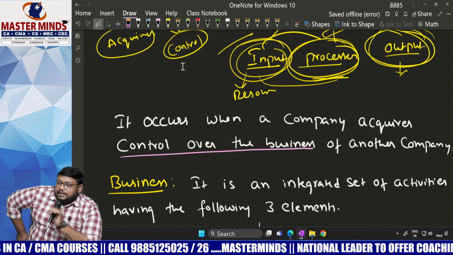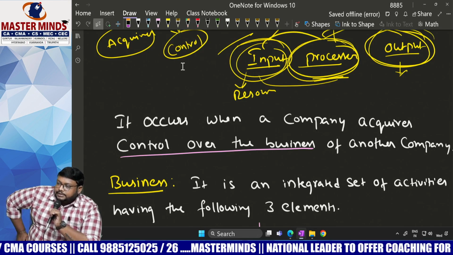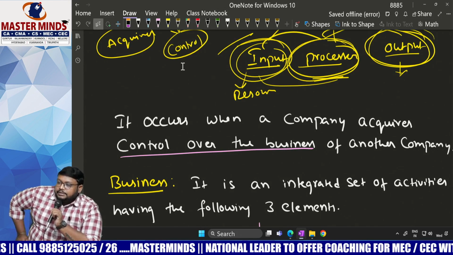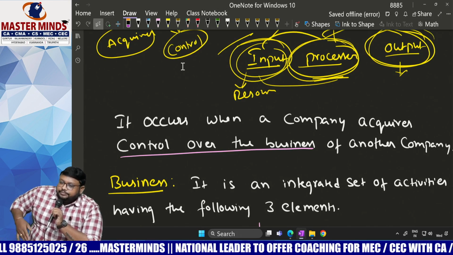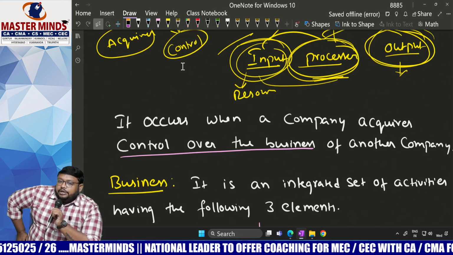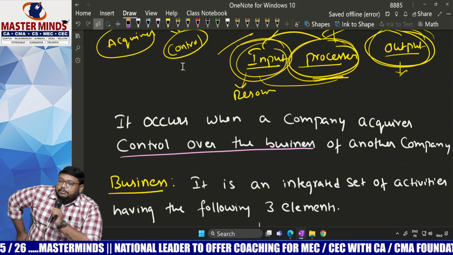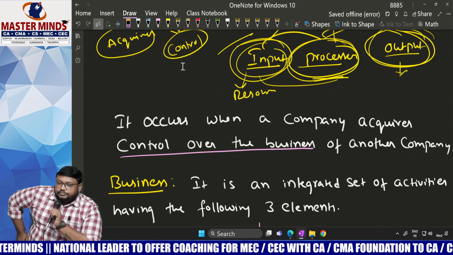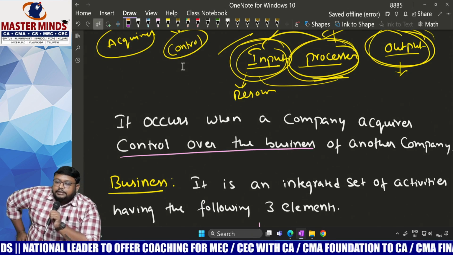Control can be attained in three ways: majority of stakes, composing board of directors, and power to direct the relevant activities.